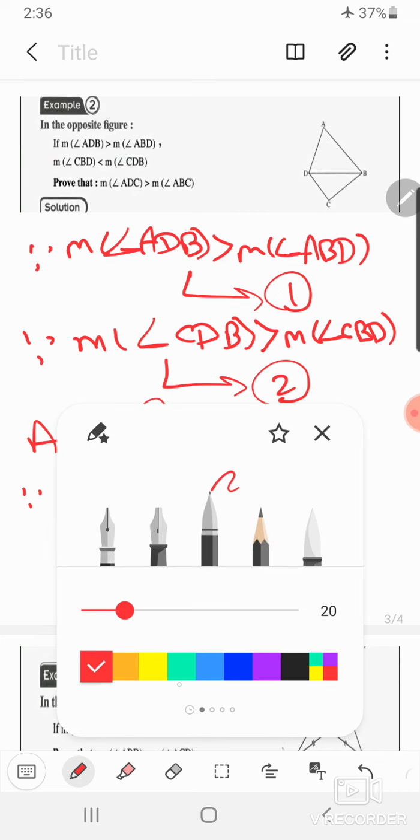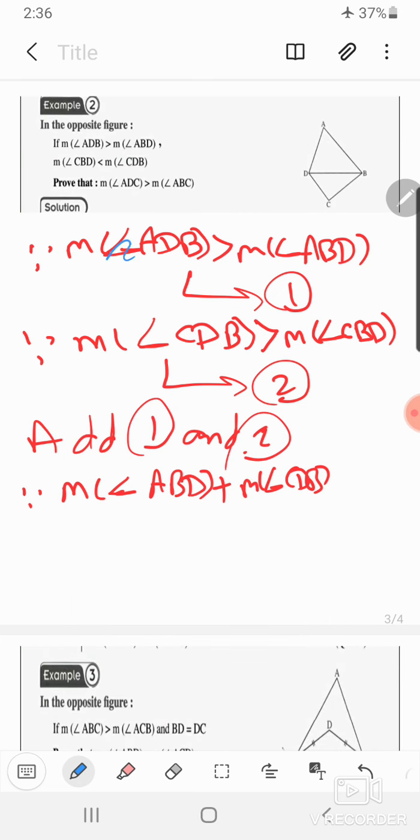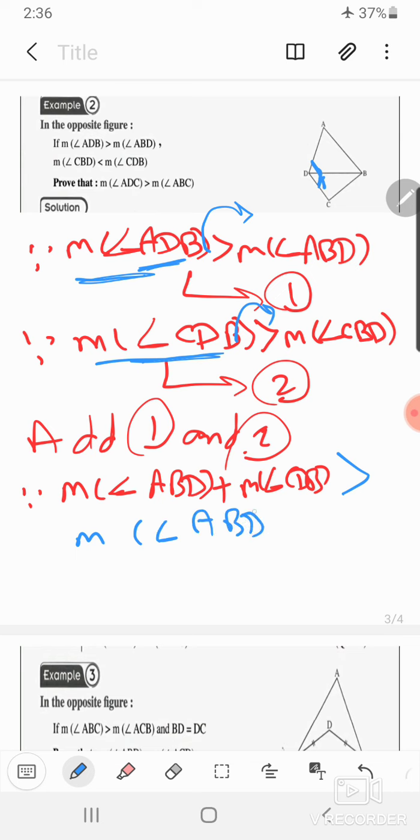Look, this one and this one have the same direction. This one is greater than this one, and this one is greater than this one, so I make sum. The sum is greater than measure angle ABD plus measure angle CBD.